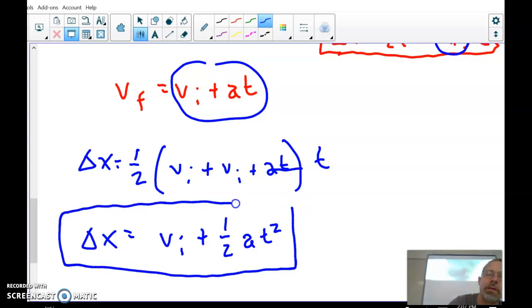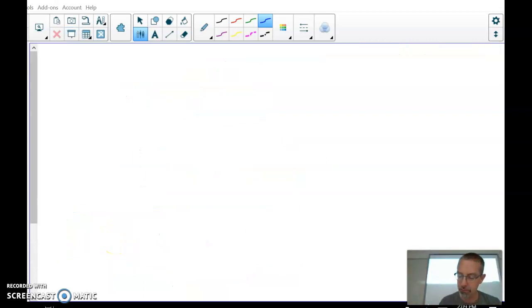So that's another equation. This will tell you how far you go even if you don't know the final velocity. If you're given my initial velocity, my acceleration, and my time, guess what? I can figure out what my displacement is going to be. Now for this next one, don't worry so much about how I derive it. Just realize that I'm trying to get to a final answer here, okay?